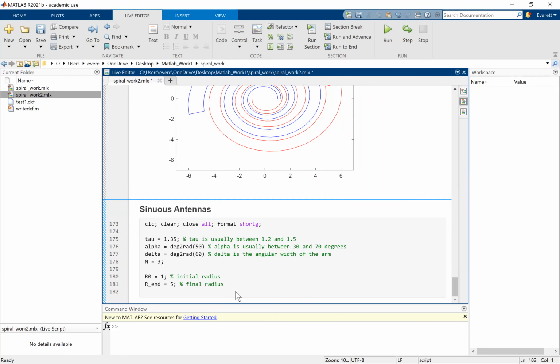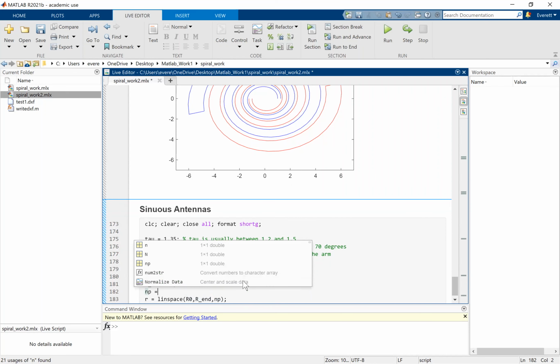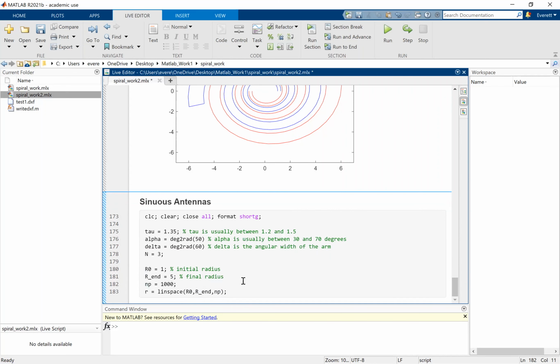All right, so let's make our R vector. Let's say R is linspace. It starts at R naught, goes to R underscore end, and let's just say the number of points is NP, 1,000 for now. Actually, wait, I just remembered that R end, if you remember from the article, is not a constant, or a chosen value.